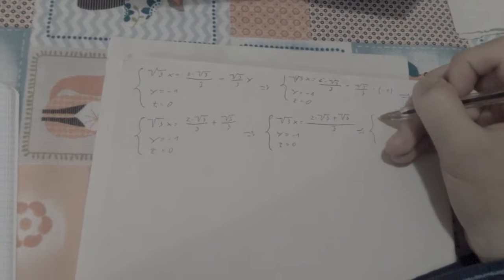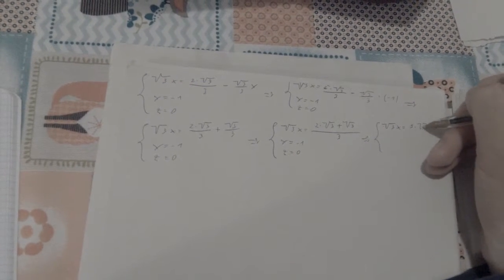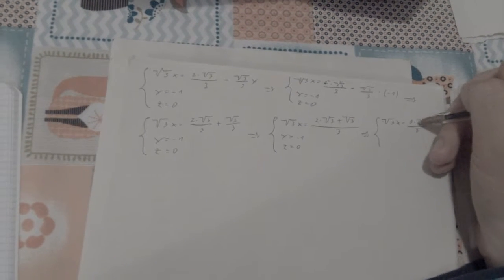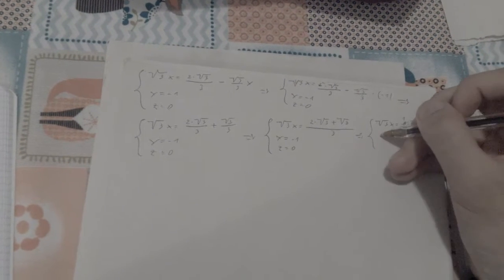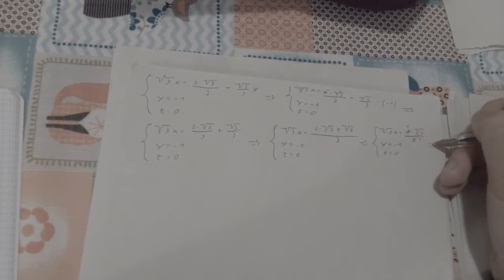And so we get square root of 3 x equal to 3 times square root of 3 over 3. Those two simplify, and y is still equal to negative 1, and z still equal to 0.